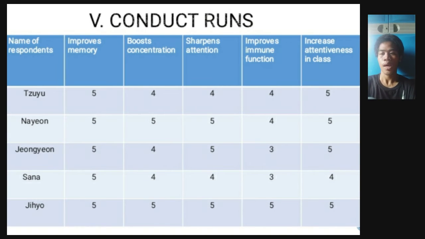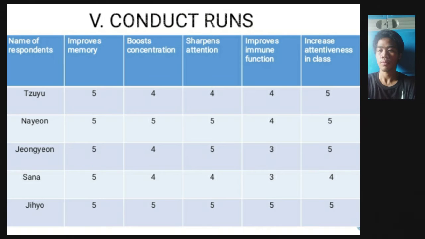So, number 5, conduct runs. So, I have a list of my respondents. Number 1, Chewy, Nayon, Jungyeon, Sana, and Gio. So, for Chewy, improves memory is 5. Boosts concentration, 4.